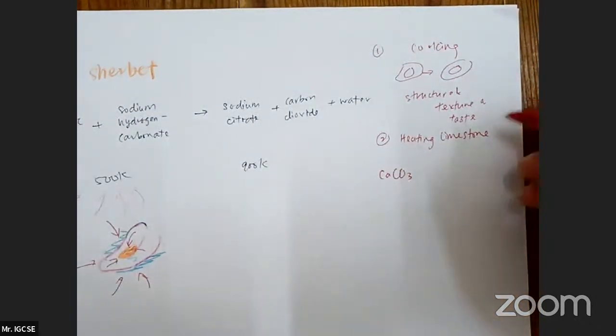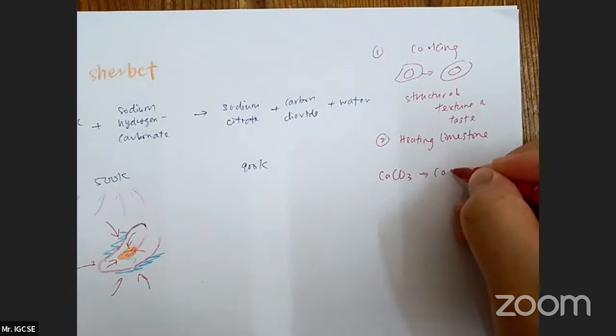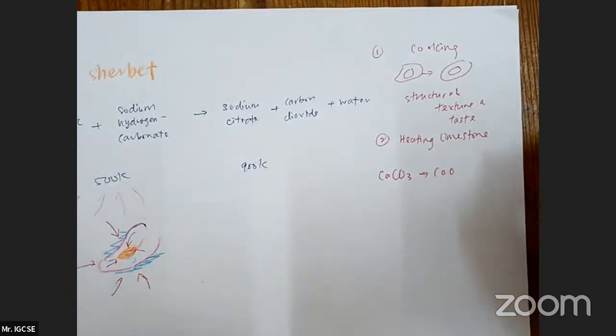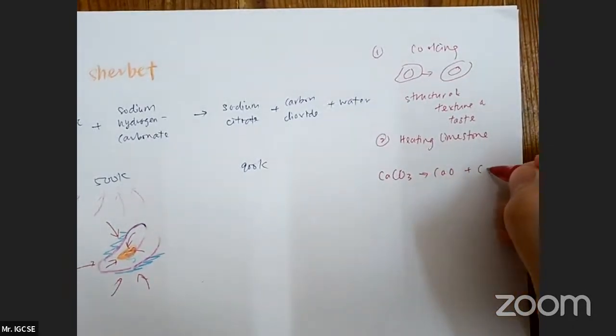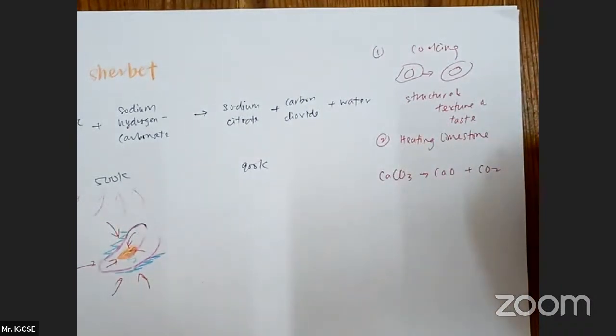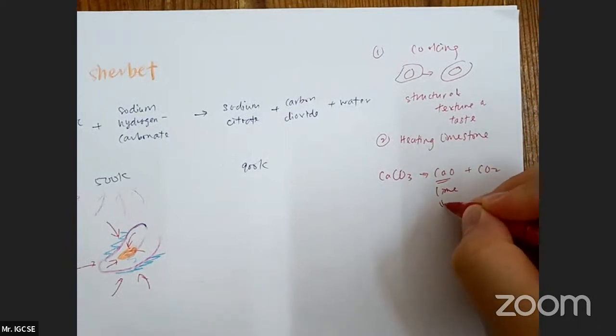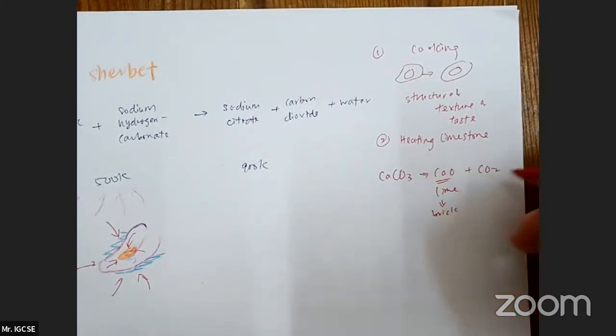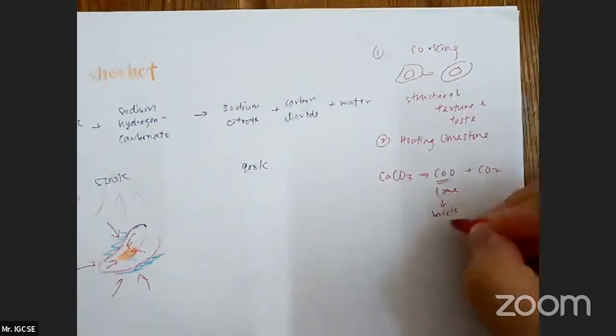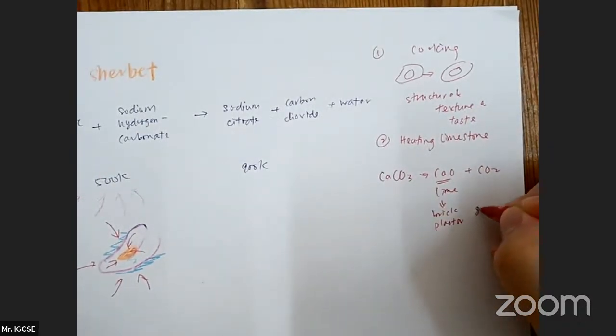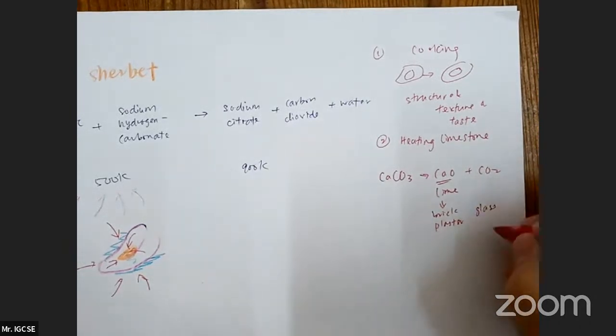When limestone is heated, it breaks down to form CaO and carbon dioxide, CO2. This CaO, calcium oxide, we call lime. Lime is used to make what? To make bricks, to make plaster, to make glass and paper.